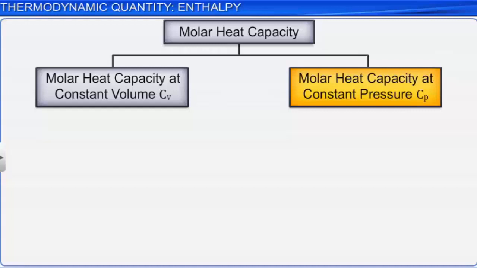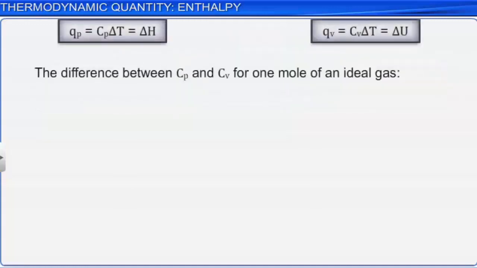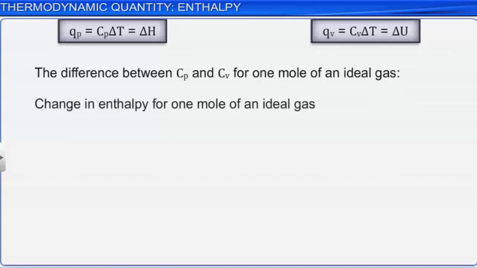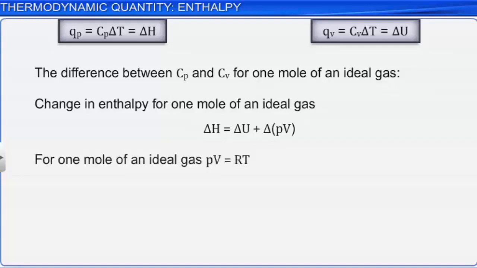The difference between Cp and Cv for 1 mole of an ideal gas can be derived as follows. The change in enthalpy for 1 mole of an ideal gas can be written as delta H equals delta U plus delta(PV). For 1 mole of an ideal gas, PV is equal to RT. Hence, the equation can be written as delta H equals delta U plus delta(RT).